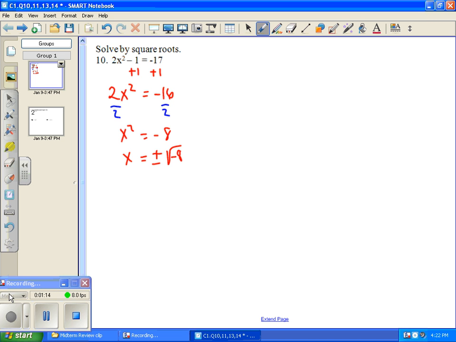Now, we have a negative under the square root, which is not really a problem. It's not a real answer, but we have a complex answer, an imaginary answer. Remember, square root of negative 1 is equal to i. We can split this up into square root of 8 times square root of negative 1. Now, the square root of negative 1 is i.